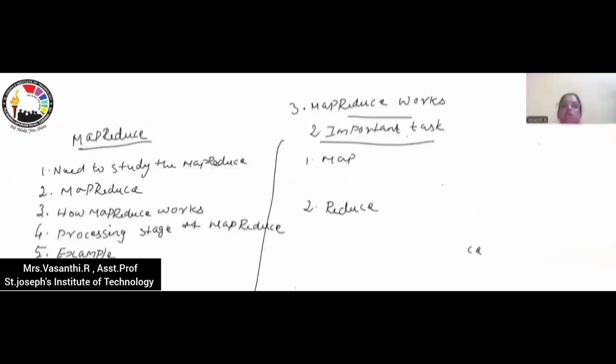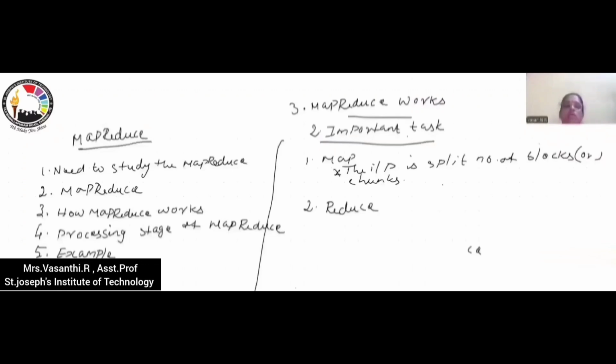The map task takes the data and converts it into another set of data, which means the map task takes a set of inputs and produces another set of outputs. So in the map function, the input file is split into a number of blocks or chunks.